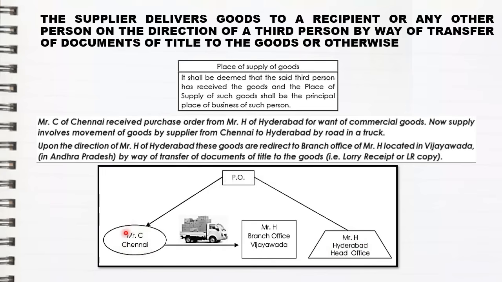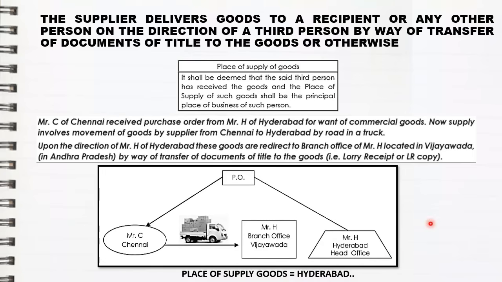Chennai is the place from where the supply of goods is done, and Vijayawada is the place where the goods have been received. So whenever three parties are involved, always remember the place of supply will always be that of the third person. The third person is nothing but the person who gives the order. So in this case, the place of supply of goods will be Hyderabad. With this, the second rule comes to an end.